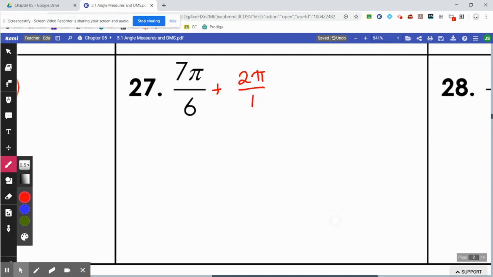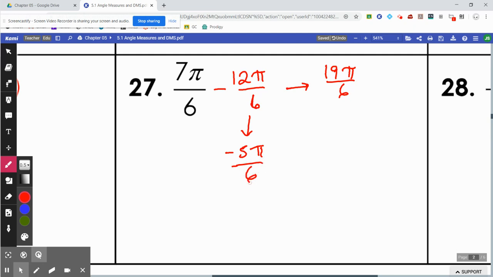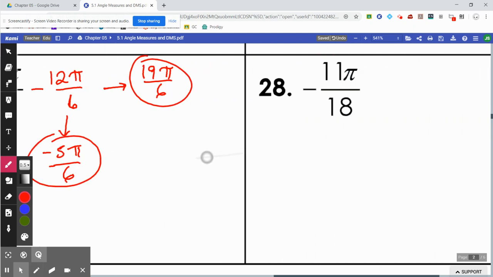Multiply top and bottom by 6 gives me a 6 on the bottom and a 12 on top. 7 plus 12 gives you 19 pi over 6. When we subtract the rotation, 7 minus 12 is a negative 5 pi over 6. So we have a negative and we have a positive coterminal angle there.